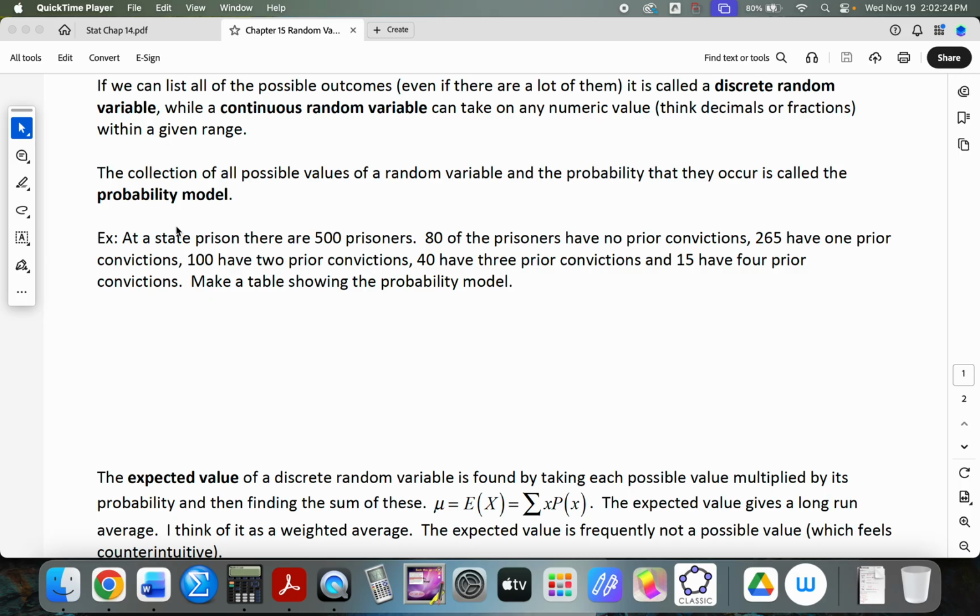Now, if you can list all the possible outcomes, even if there are lots of them, it's called, if you want to be formal about it, a discrete random variable, meaning there's a limited number of values that you can have. A continuous random variable would be like, on a number line, everything between -3 and +2.